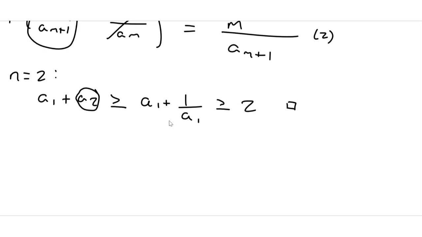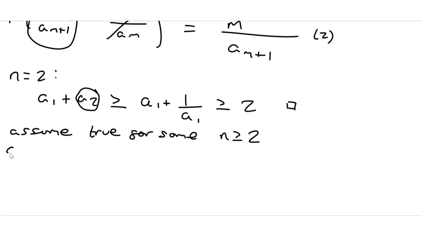And now for our induction step, so we assume the result's true for some n greater than or equal to 2, and then we're going to consider case n plus 1.